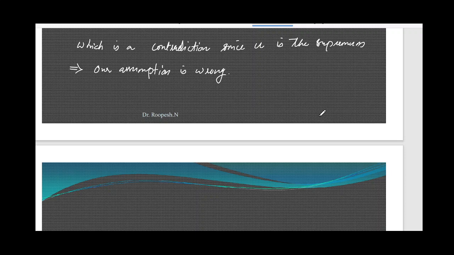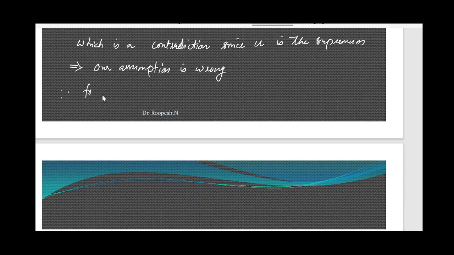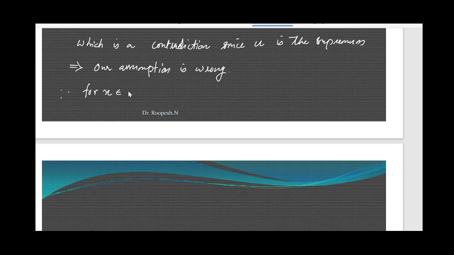Therefore, for x belongs to R, that is, whenever x is a real number, there exists a natural number nx belongs to N such that x is less than or equal to nx. Hence the Archimedean property. Hope you understood.